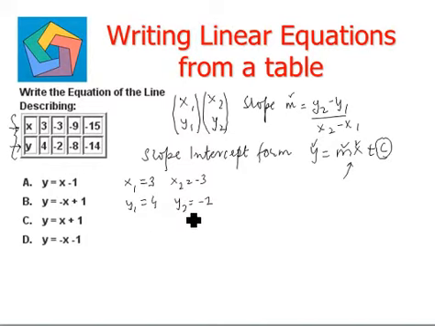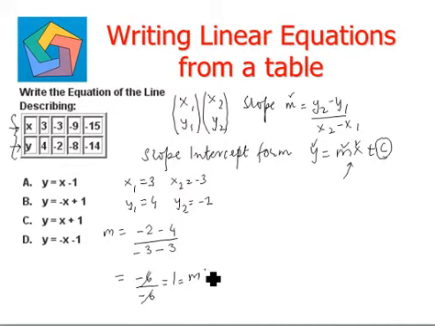So we use the formula m equals y2, that is negative 2, minus y1, that's 4, divided by x2, negative 3, minus x1, which is 3. So this turns out to be negative 2 minus 4 is negative 6, divided by negative 3 minus 3, which is also negative 6. Negative 6 divided by negative 6 is 1. So now we have the slope as 1.